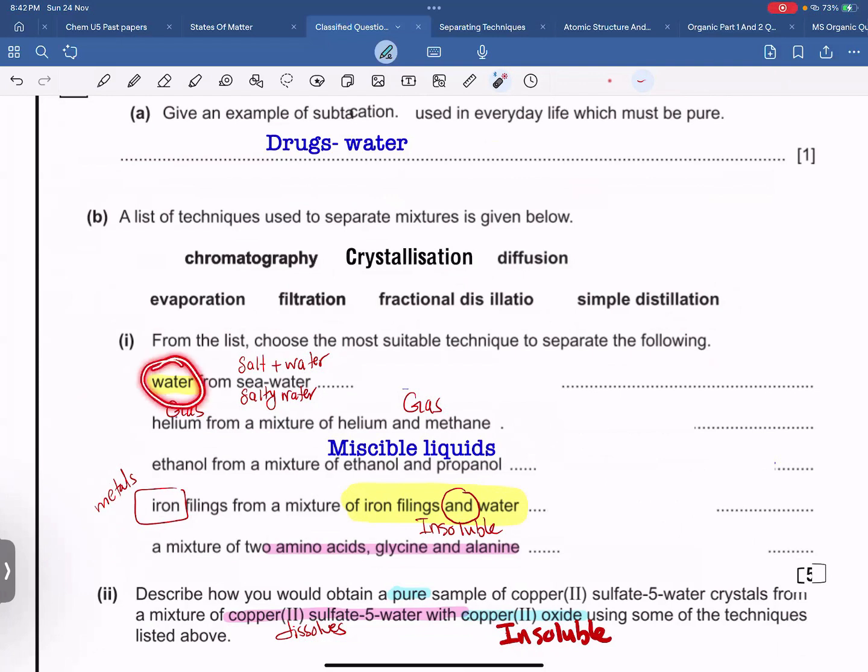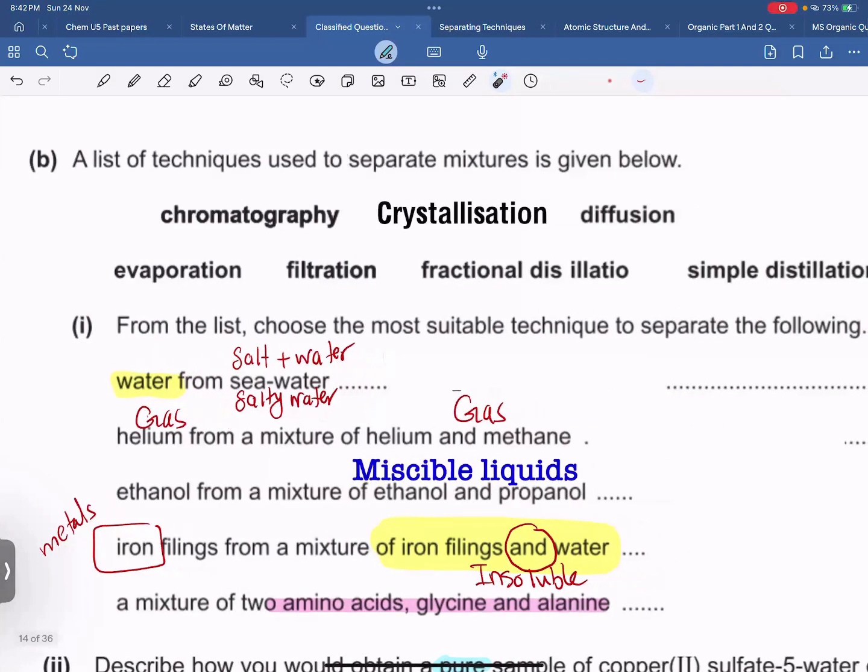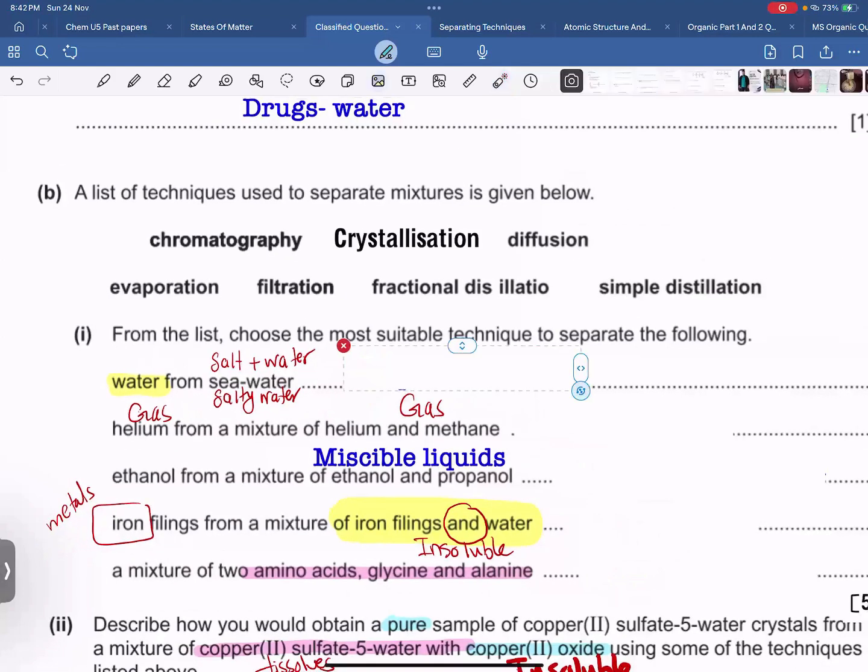How to obtain water from seawater. Seawater is salt plus water dissolved, so it forms a solution. So to obtain water, water is a key word for distillation, which is simple distillation, not fractional distillation. Okay, simple distillation.